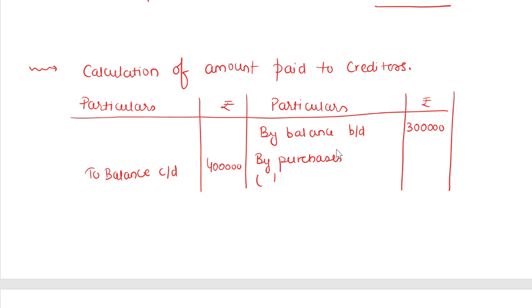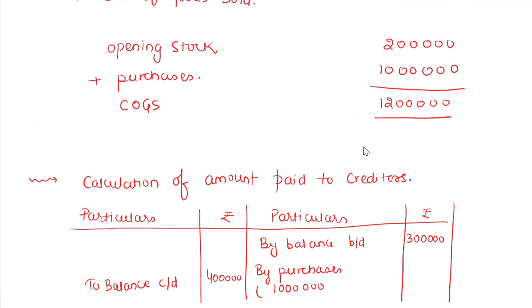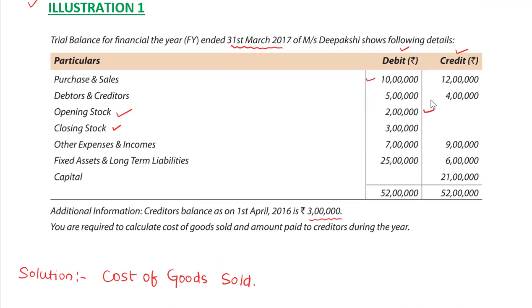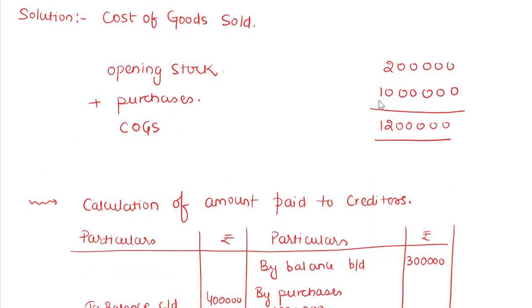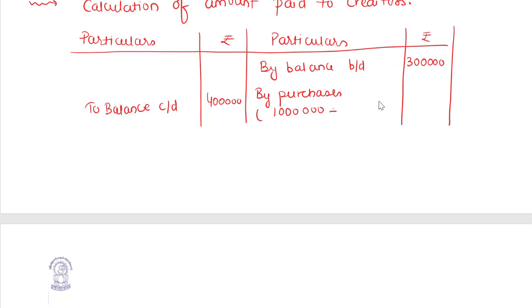During the year purchases made. We have calculated purchases 10 lakhs. It has been given in the question, 10 lakhs purchases. And this closing stock of 3 lakhs is also a part of purchases during the year. So 3 lakhs, 13 lakhs.